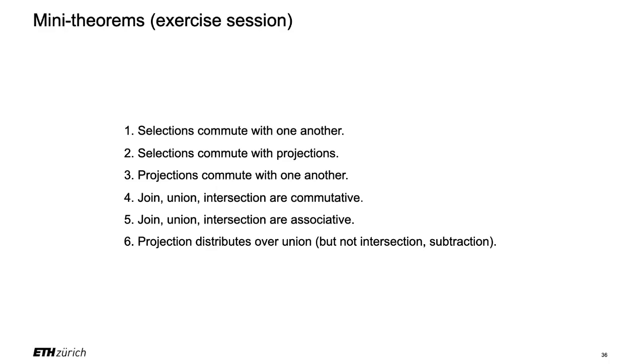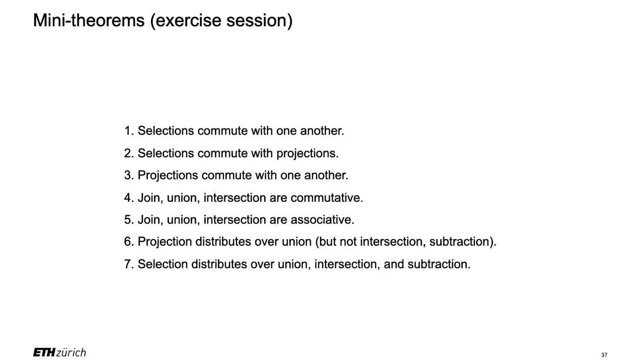What it means is that if you project the union of R and S, it's the same as taking the union of the projection of R and the projection of S, right? You can first either do the union, then the projection, or first do the projection on both and then take the union. That's what it means, but it doesn't distribute over intersection and subtraction.